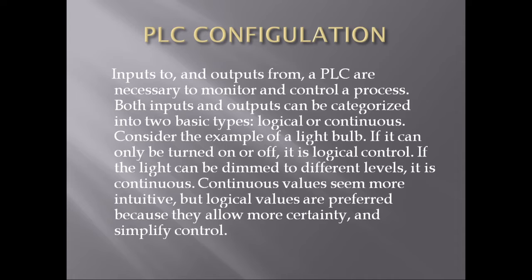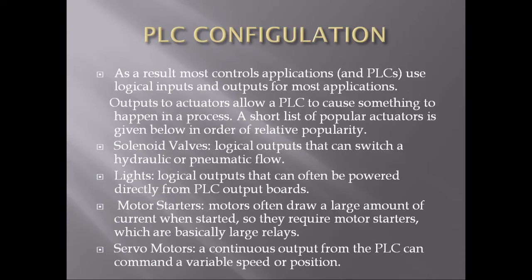If the light can be dimmed to different levels, it is continuous. Continuous values seem more intuitive, but logical values are preferred because they allow more certainty and simplify control. As a result, most control applications, and PLCs, use logical inputs and outputs for most applications.